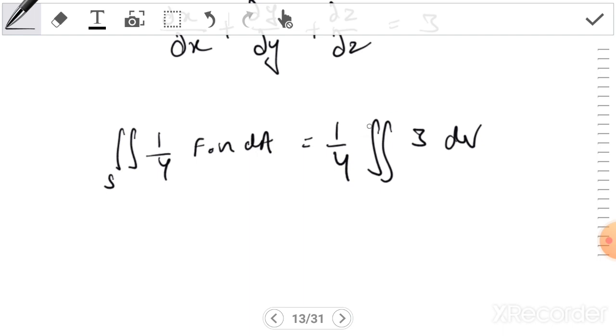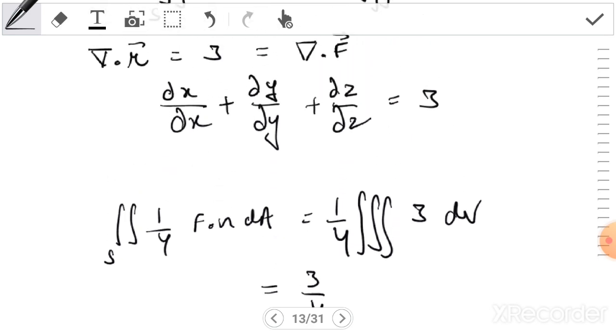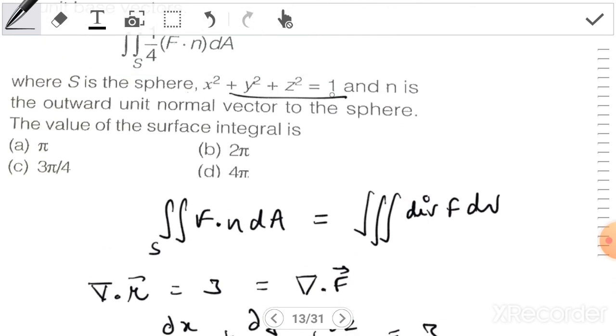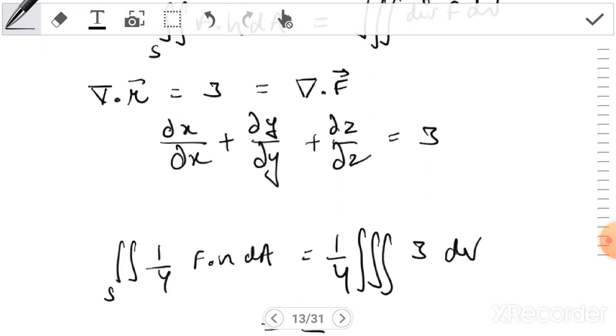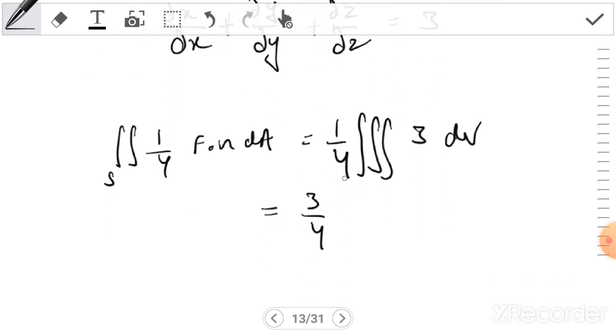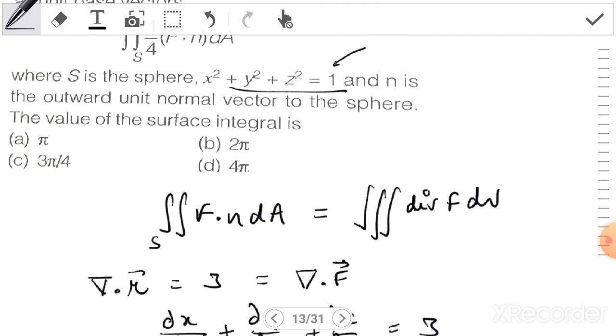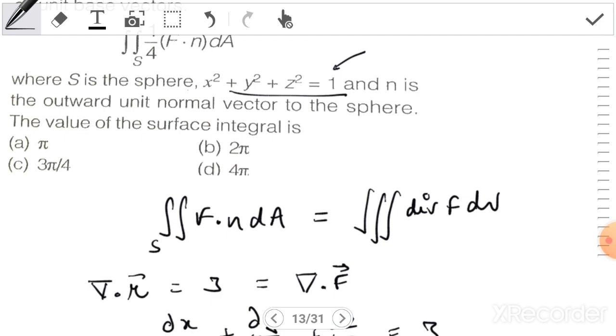Now obviously this is a volume integral, so 3 by 4 taken out, and we are given the sphere with unit radius. So what is the volume of a sphere? 4 by 3 pi r cube. So 3 by 4 times 4 by 3 pi, our radius is 1, so we have the answer as pi. Okay, so the value of the surface integral is nothing but pi. Let's go to the next problem then.